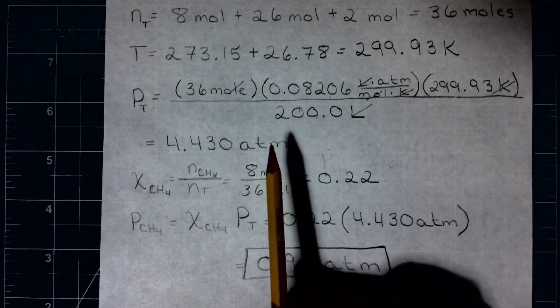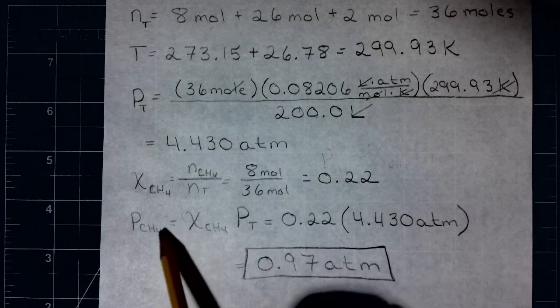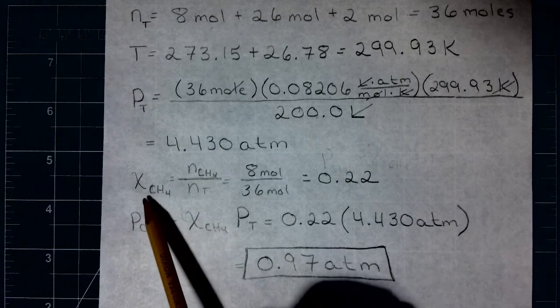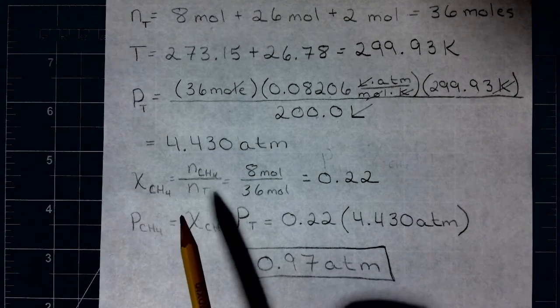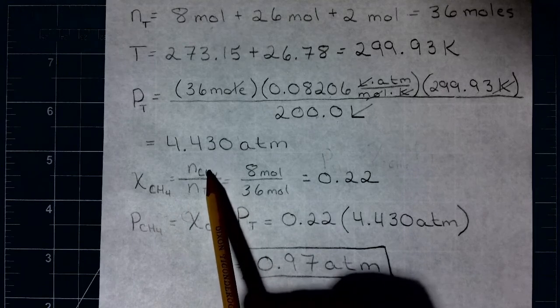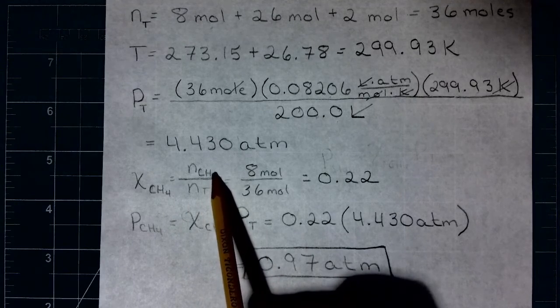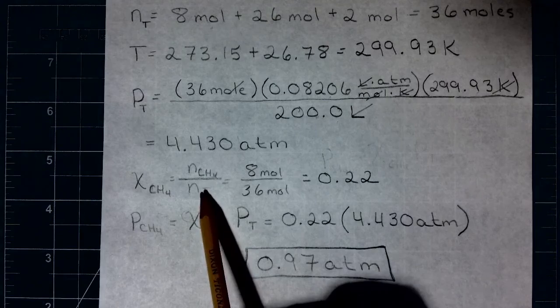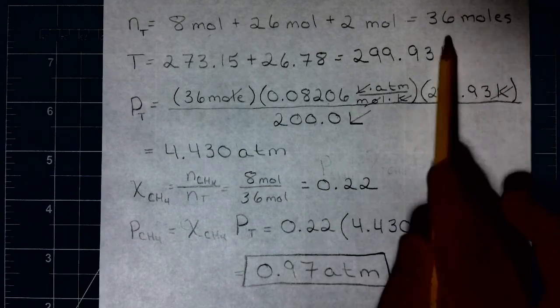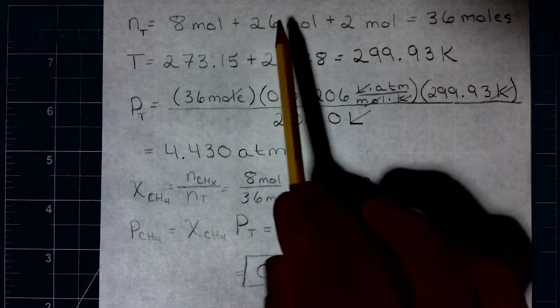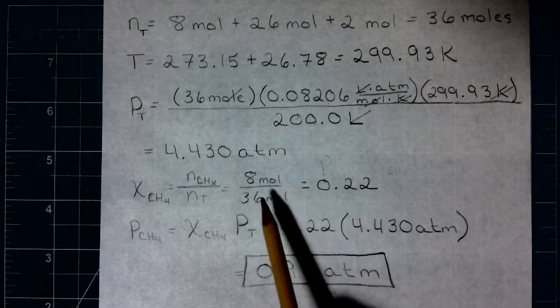So that's the total pressure inside the tank. But we were asked what is the pressure of just the methane. And to know that, we're first going to need to know what is the mole fraction of methane. We know that the mole fraction will be the number of moles of methane divided by the total number of moles. We already calculated the total number of moles. We know that there's 36. We know that 8 of those moles are methane.